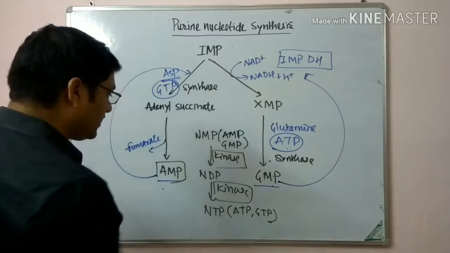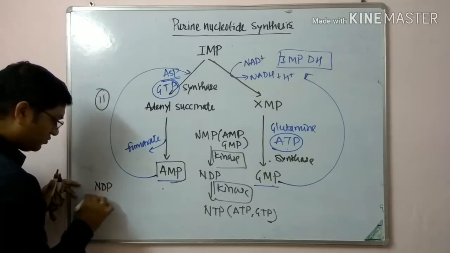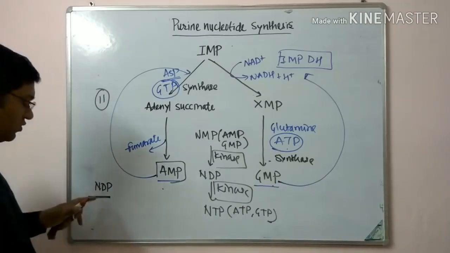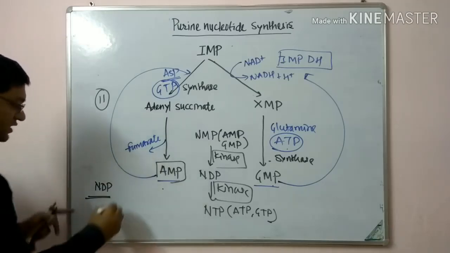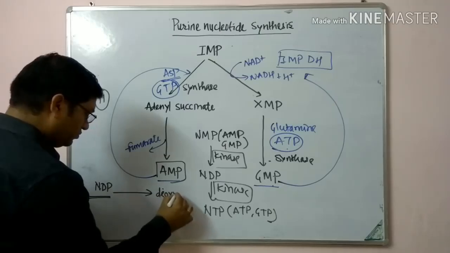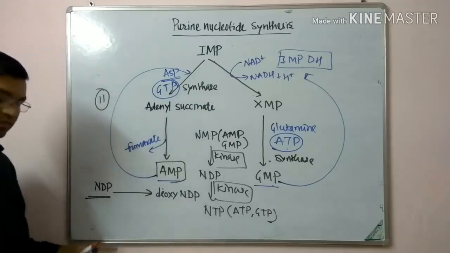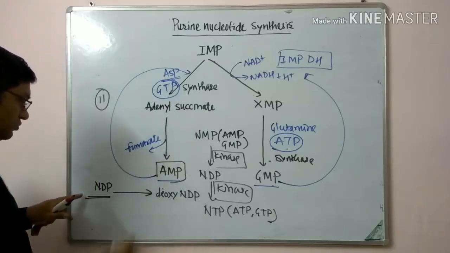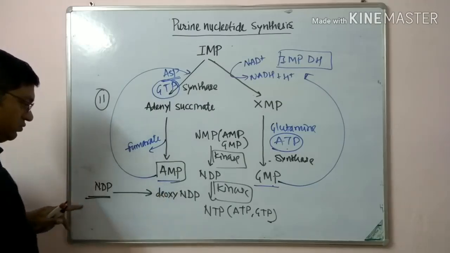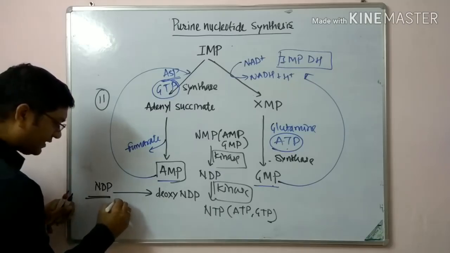Now this nucleotide diphosphate, or nucleoside diphosphate, is converted into deoxynucleoside diphosphate by the nucleotide reductase.